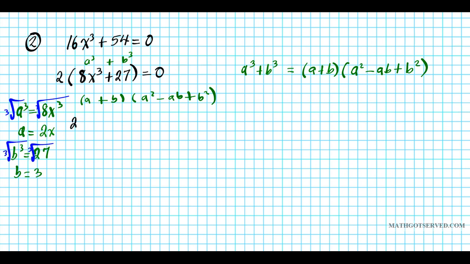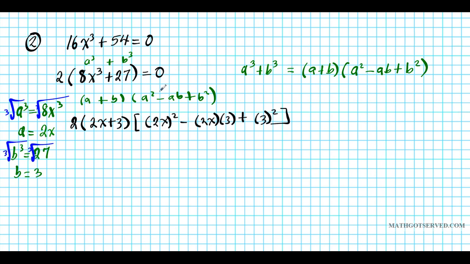Here we're going to bring that down. 2 times a plus b is 2x plus 3, times a squared, which is 2x squared, minus a, 2x, times b, which is 3, plus b squared, which is 3 squared.